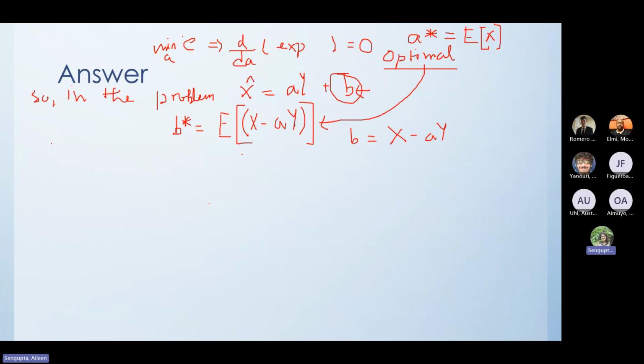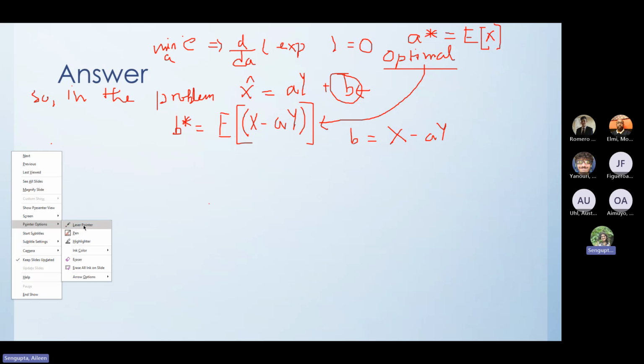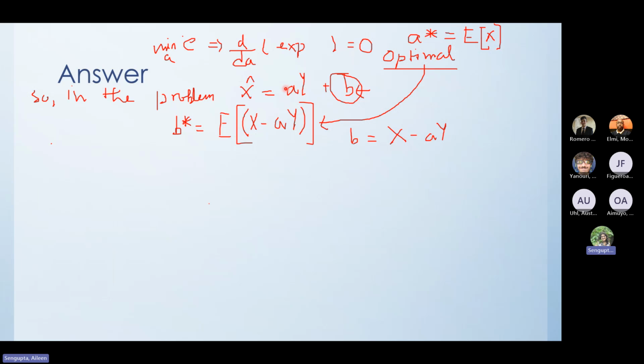Once you find the optimal value of B, let's move on to find the optimal value of A. Because remember, what we are trying to find is the optimal value of A and the optimal value of B. Why?